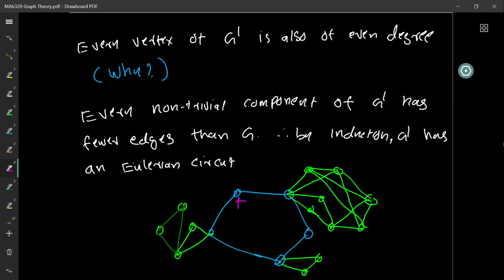For example, there is nothing here, so I go forward. Now, once I reach here, I see that there is a component which is incident with this. And therefore, this component, I will first traverse.